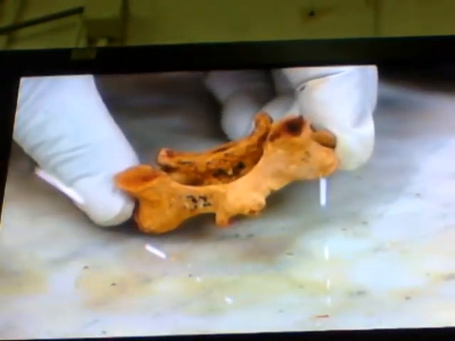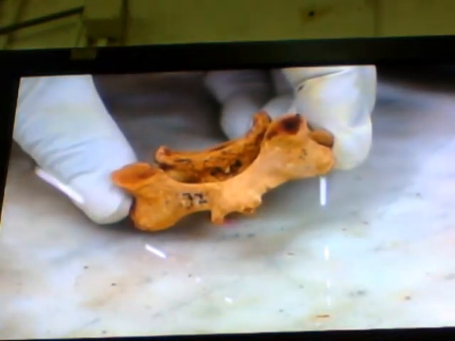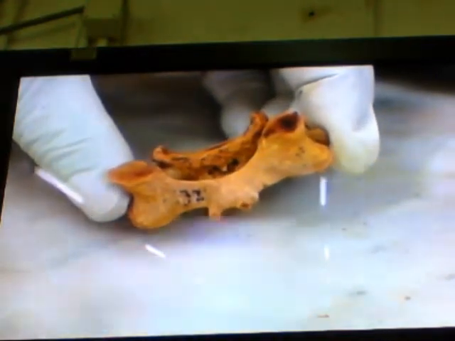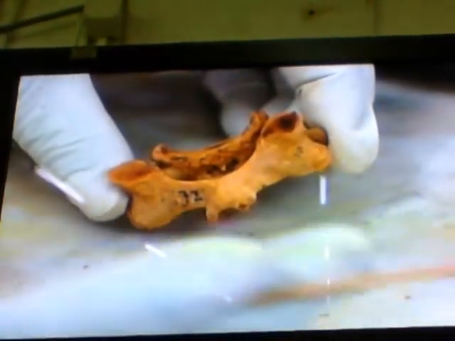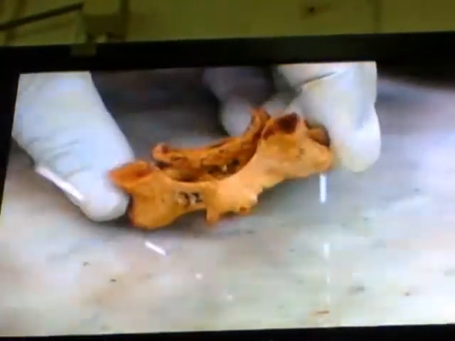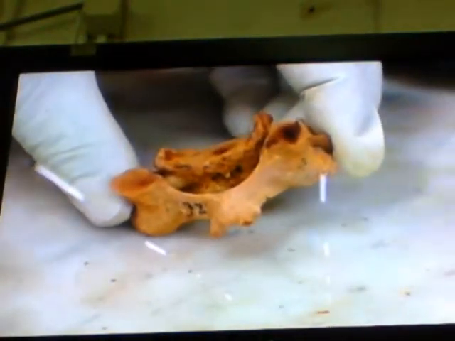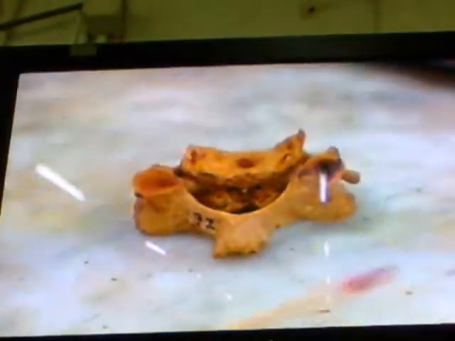So let us say you have a patient with cancer of the prostate, or myeloma, then it's easy for the metastases to spread through these basivertebral veins and ascend, even to the skull, easily.